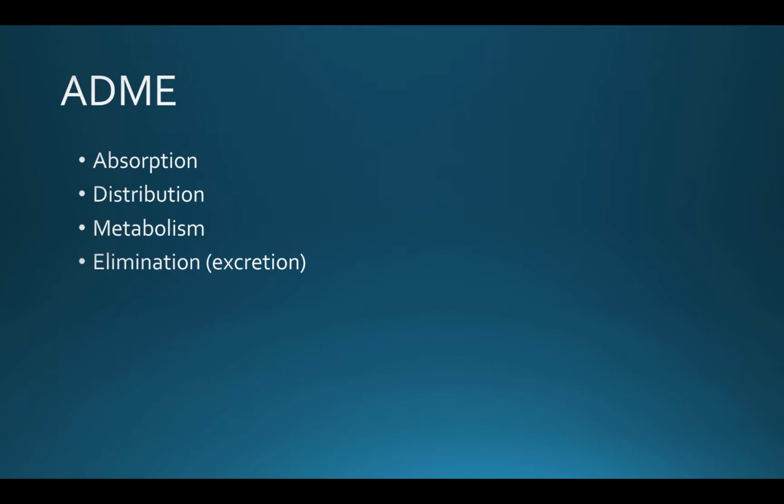And then elimination, of course, is eliminating drugs out of the body through the kidney. All of these can play a role in whether a drug is actually going to work, what the concentrations are in the body, and how long that drug is going to last in the body as well.